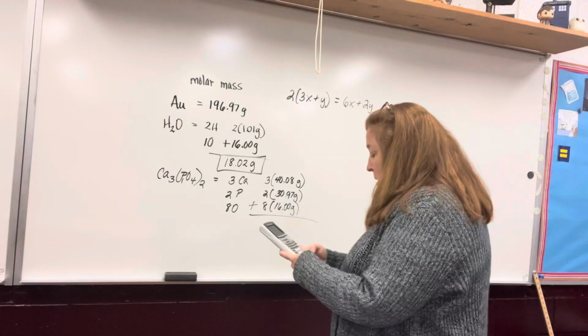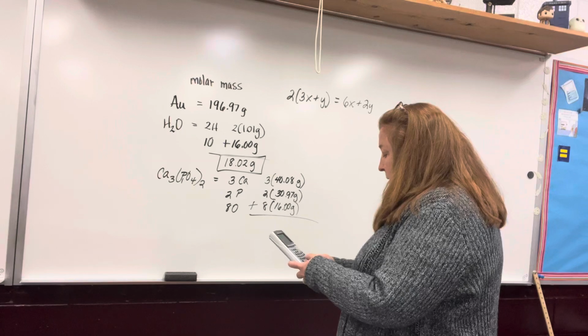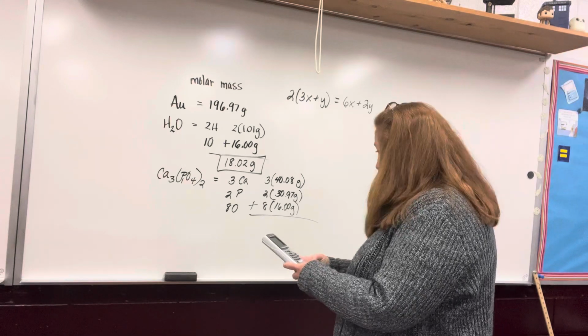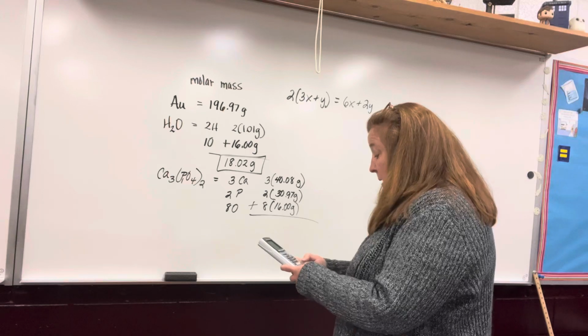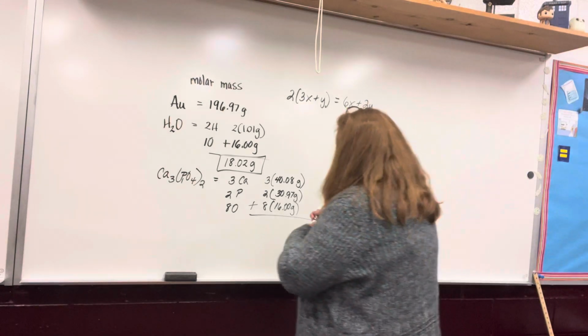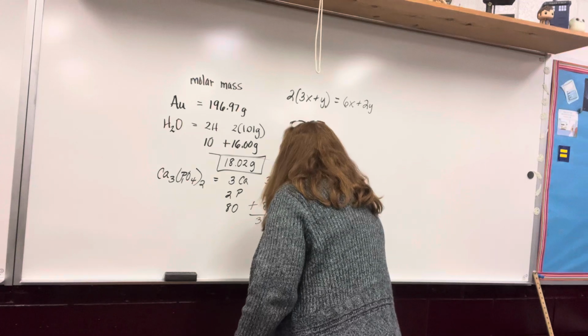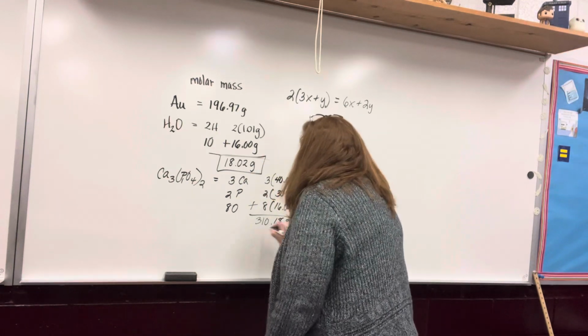So 3 times 40.08 plus 2 times 30.97 plus 8 times 16 is 310.18. And that's grams, and that's your answer.